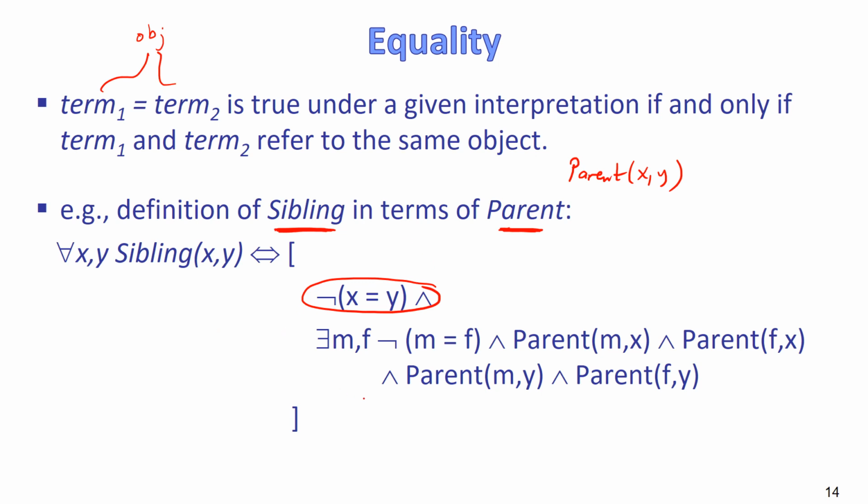We say that there are two persons, M and F. Again, forget about this part, imagine that it's not there now.